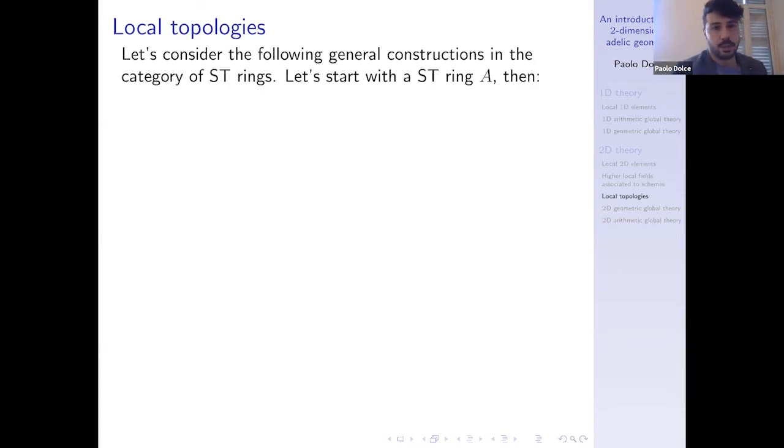Now the slide I promised you, the slide about local topologies. I forgot to tell you that actually higher topology can seem weird. In fact, two-dimensional local fields, when you put higher topology, are not topological rings. It means that the product is not continuous as a function of two variables, but it's just continuous in each single variable, and moreover, it is sequentially continuous.